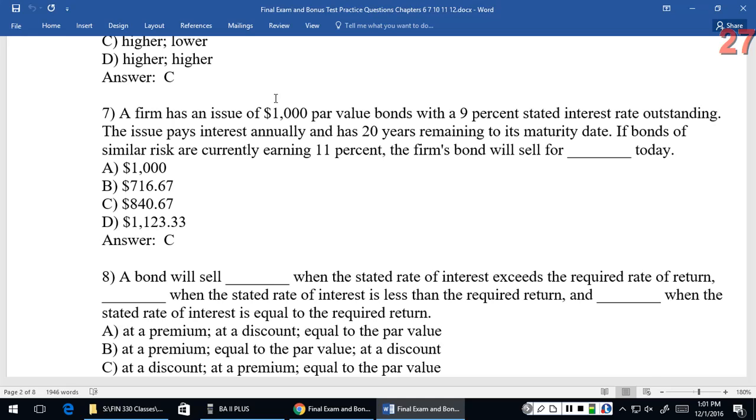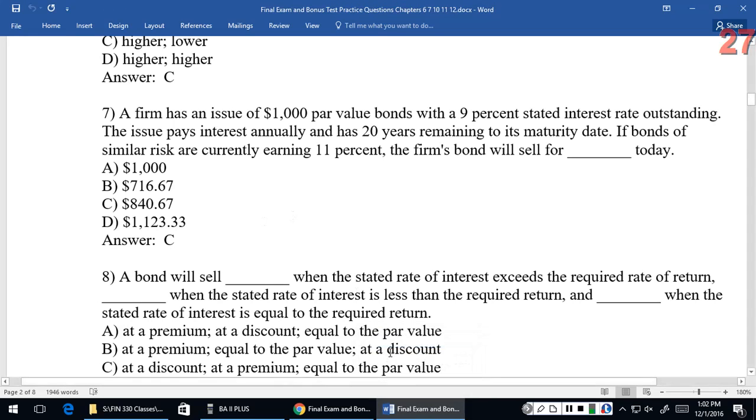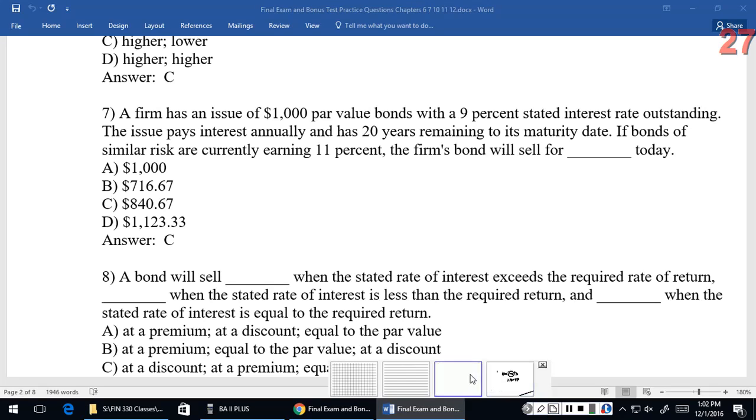Our inputs, again, with bonds, we have 4 inputs. Probably would have been faster if I'd worked it out. For this one, you're going to need a future value, which is 1,000. N is 20. The I/Y is 11.